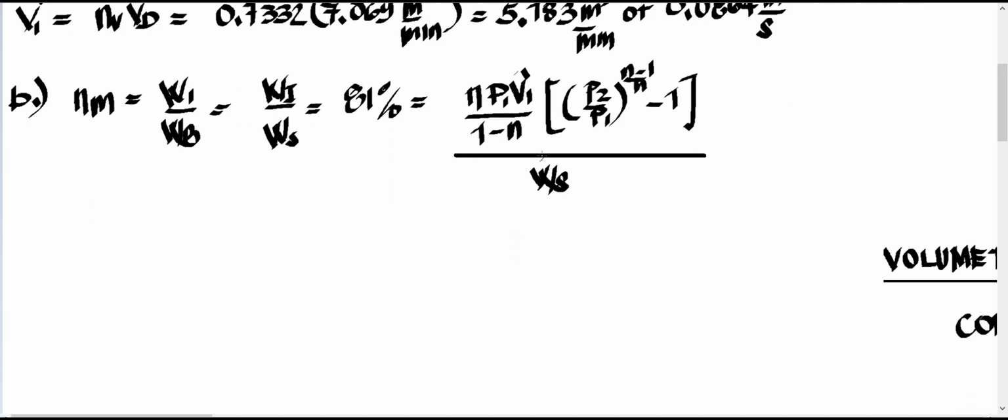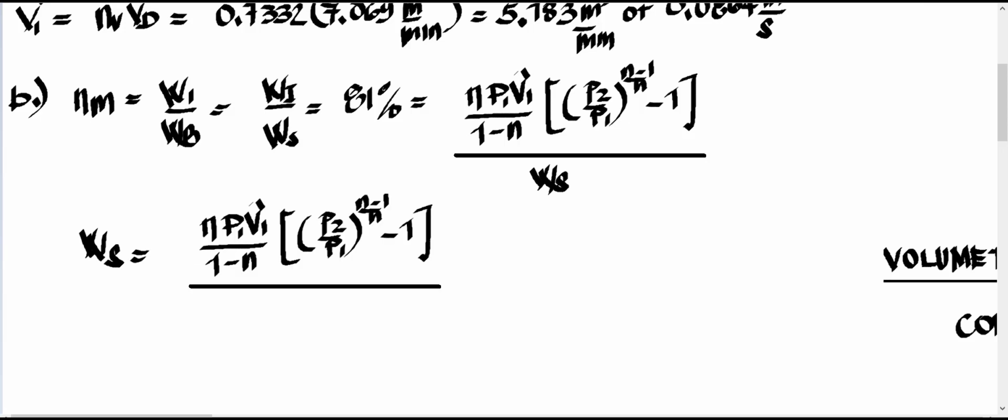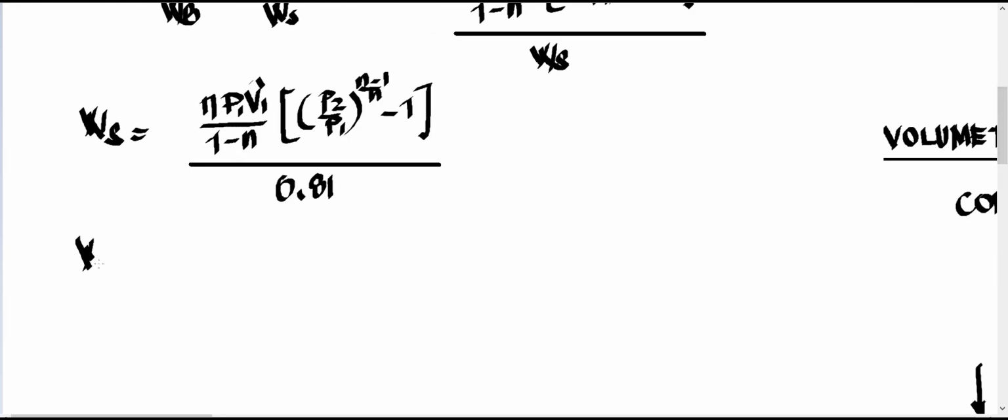So here let's derive our equation to get the value of the work of the shaft. That will be equal to the work inside the cylinder that is produced during compression, divided by 0.81. Let's substitute the values here.